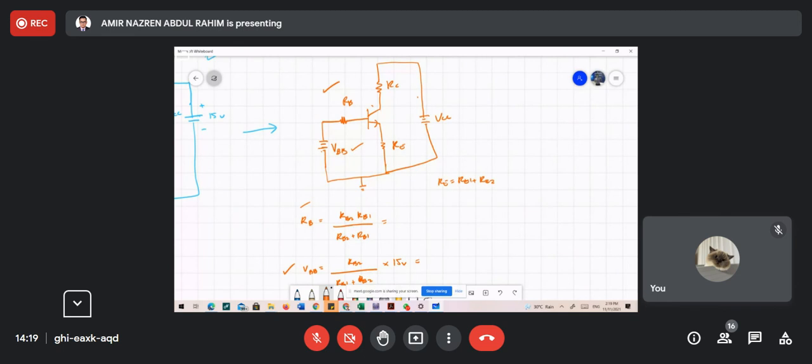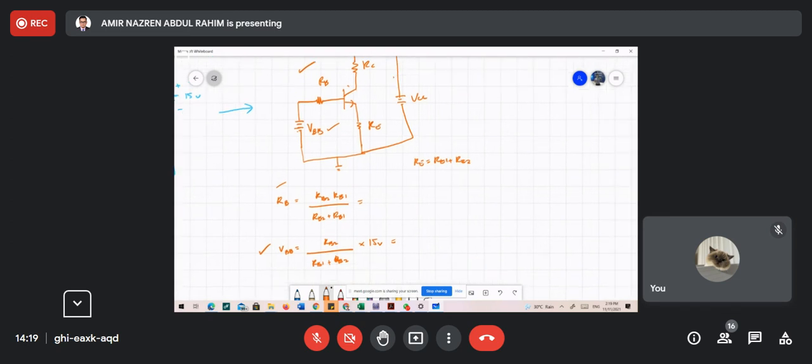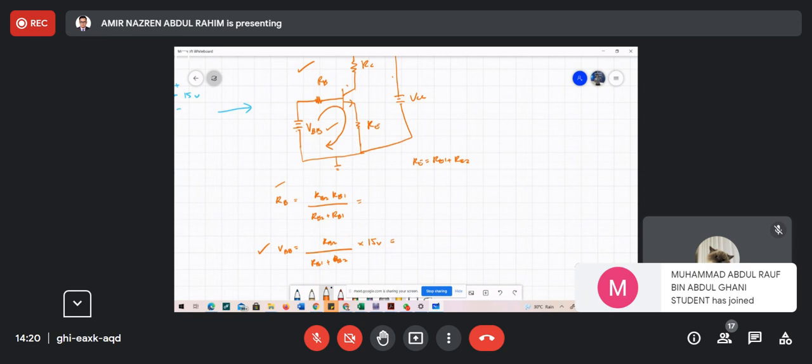Since our question asks us to find IB, IC, and IE, we need to implement Kirchhoff's voltage law to determine the value of IB. The formula is, the voltage supply equals the voltage load.